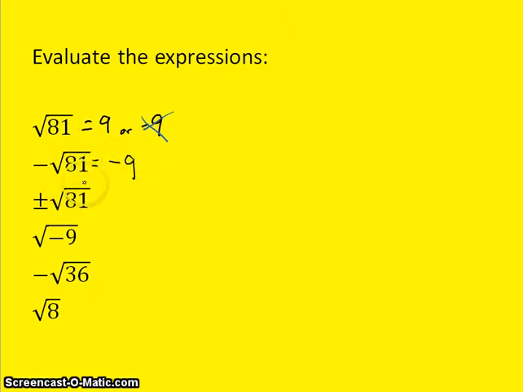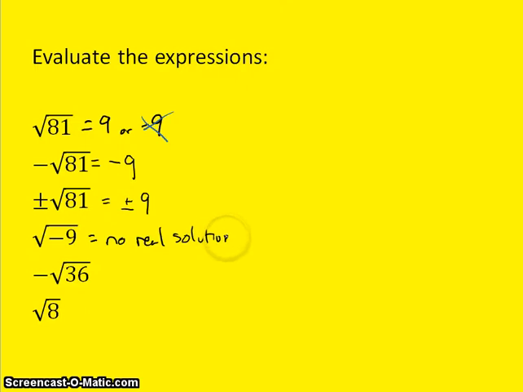So it's equal to negative 9. So I do the positive square root of 81, then put a negative out in front of it. Same thing in the next one. I take the square root of 81, which is 9, and then put the plus or minus sign in front of it.